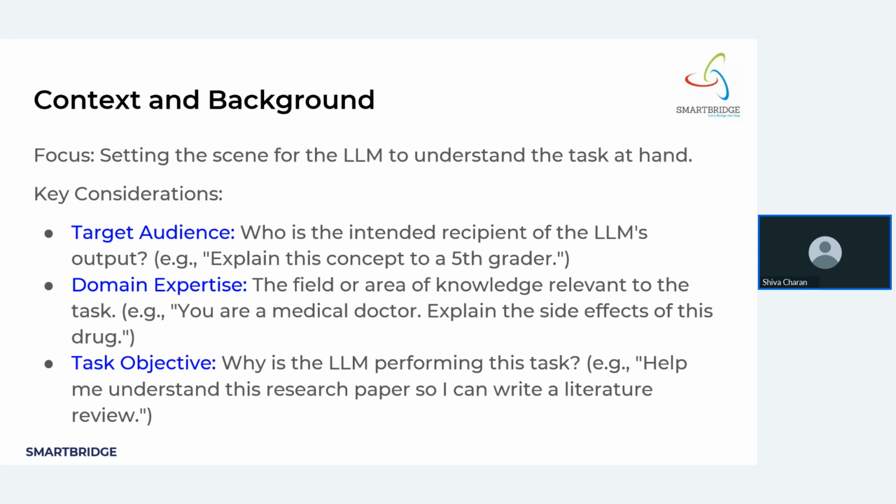So all these, target audience, domain expertise, task objective, are considerations for providing the background information or the background context in order to get the desired output. Okay. So once just go through all the lines, everyone.